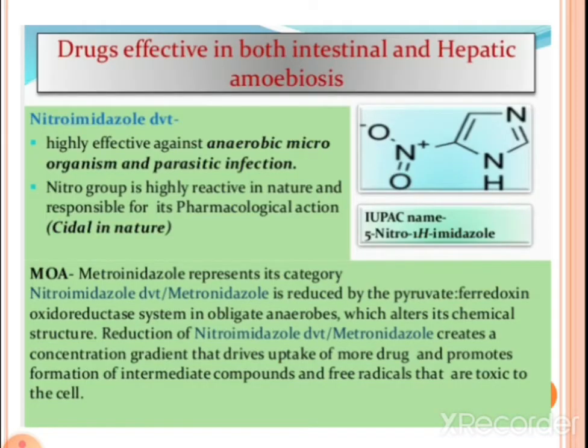Further, we discussed the drugs which were effective in both intestinal as well as hepatic amoebiasis. So we started with the nitroimidazoles and discussed the details of metronidazole.